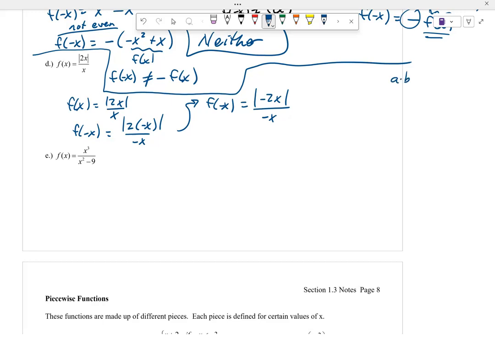The absolute value of a times b, you can split up into the absolute value of a times the absolute value of b. So this is actually the absolute value of 2 times the absolute value of x over negative x, and then I'm going to take that negative on the bottom up top.